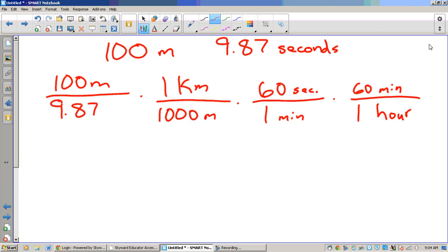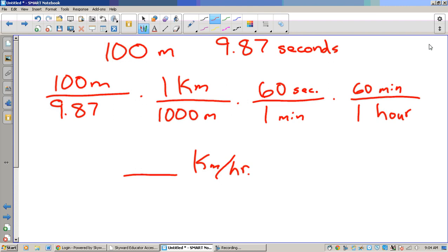So eventually what we want to know is a number in kilometers per hour. Okay, so that's what we're shooting for, kilometers over hours. Okay, and then we'll have a number.